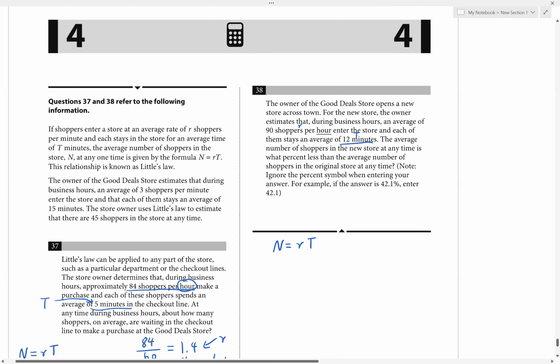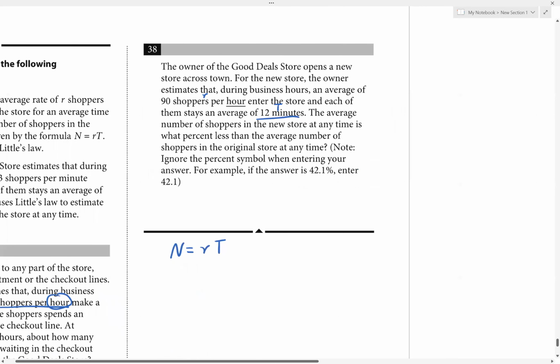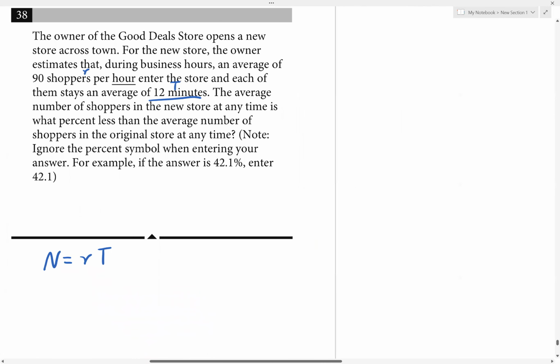So first, let's do a unit conversion. We have 90 per hour. To convert to per minute, we can divide by 60, because there are 60 minutes in 1 hour.